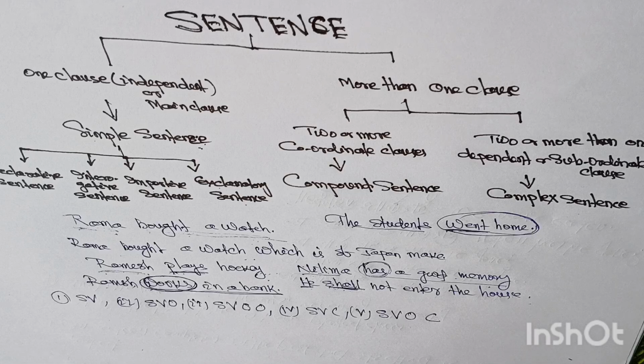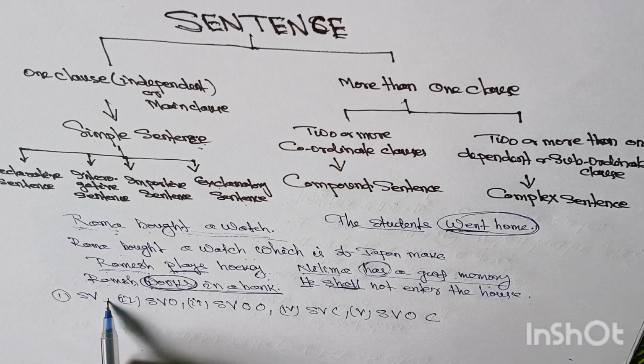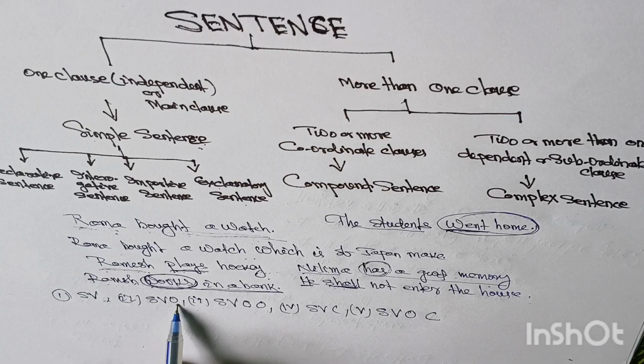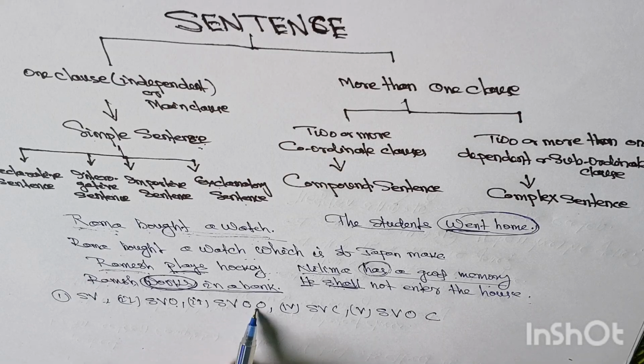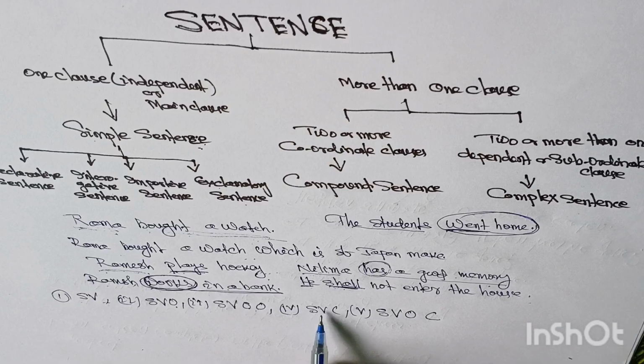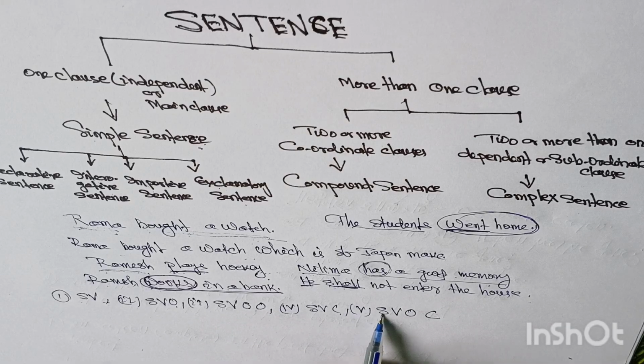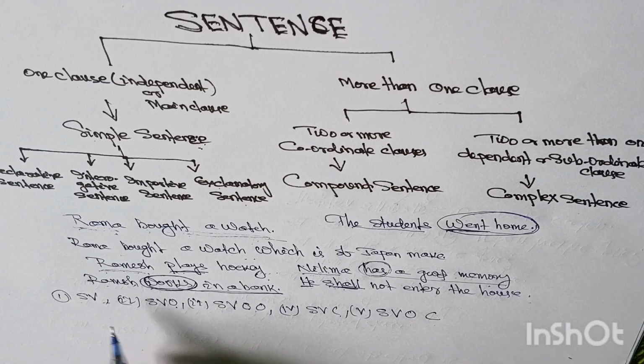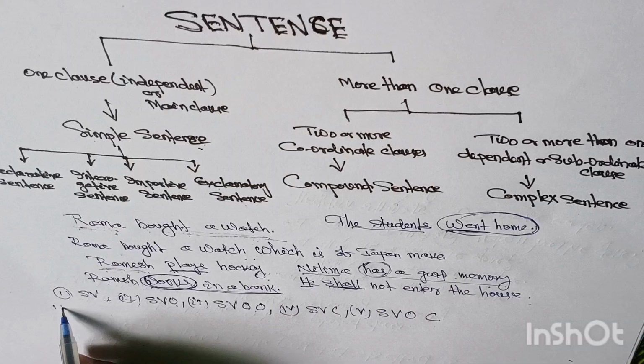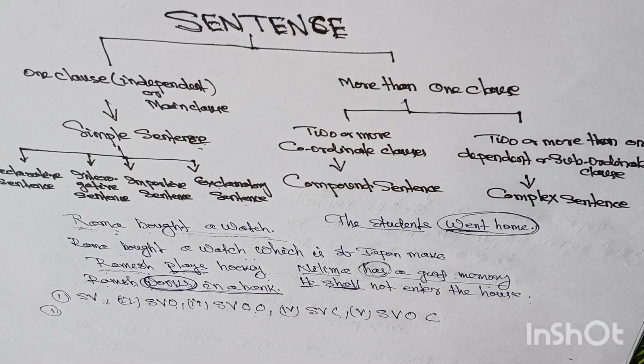Those patterns are also discussed here. One is the SV pattern, second is the SVO pattern, third is the SVOO pattern, fourth is the SVC pattern, fifth is SVOC. First is the SV pattern. What is the SV pattern?